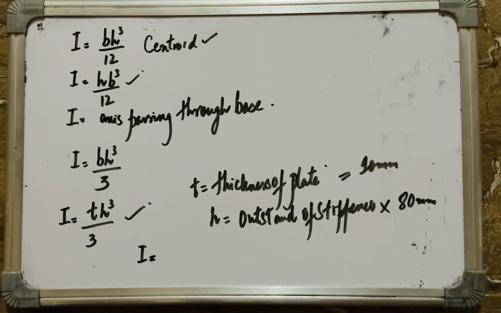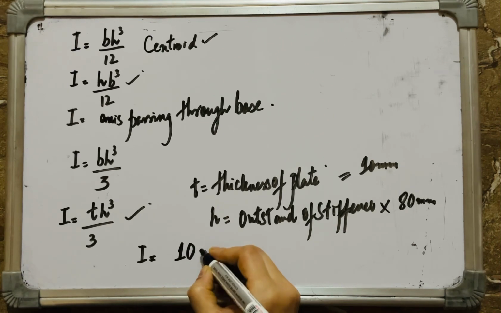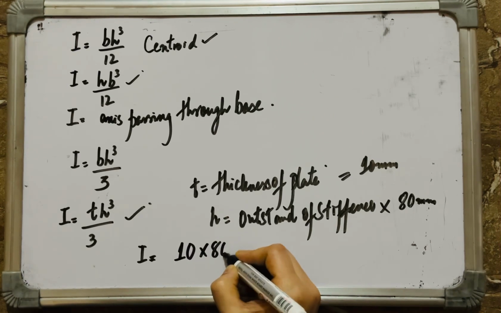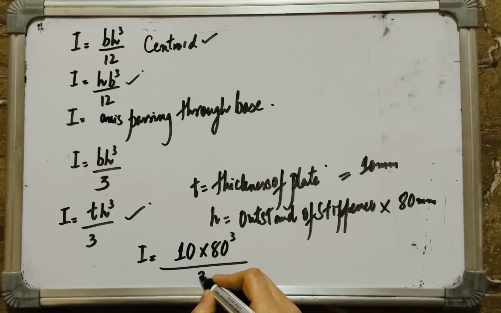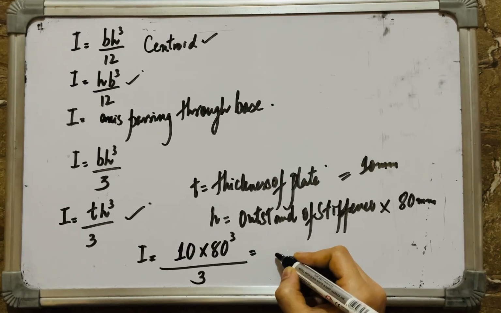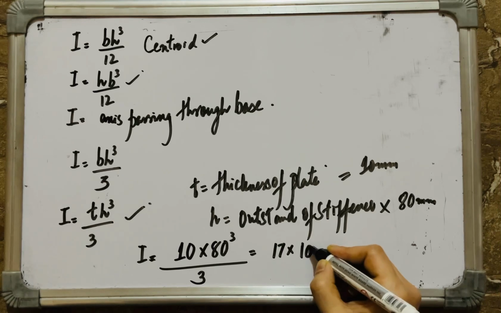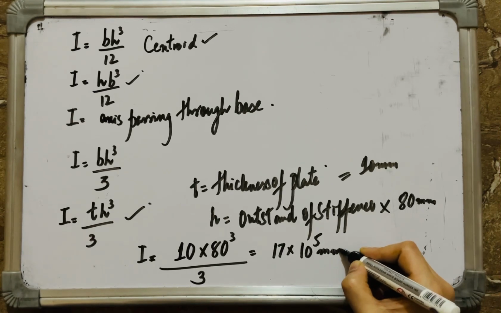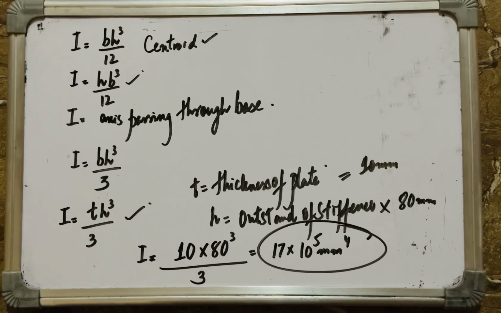It is about an axis through its base, and this will be given by 10 multiplied by 80 cubed divided by 3. By calculations, it is 17 into 10 raised power 5 mm^4. So this is the moment of inertia of the plate that we adopted for our vertical stiffener, and it came equivalent to 17 into 10 raised power 5 mm^4.